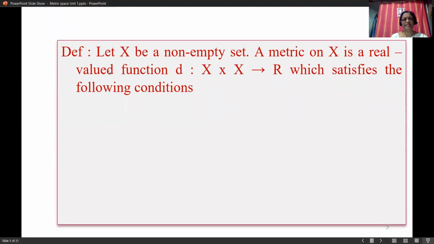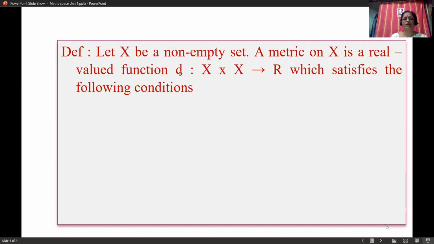The definition says that let X be any non-empty set. A metric on X is a real valued function D from X cross X to R, which satisfies the following conditions. Before going to the conditions, let us see what we mean by a real valued function.